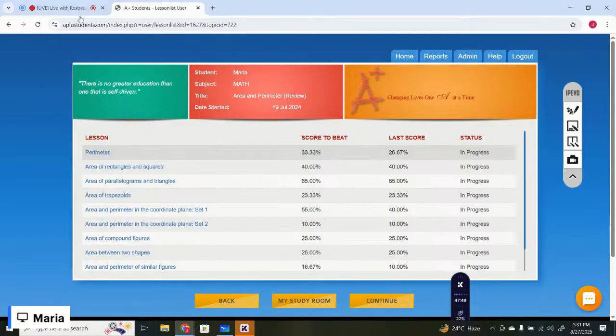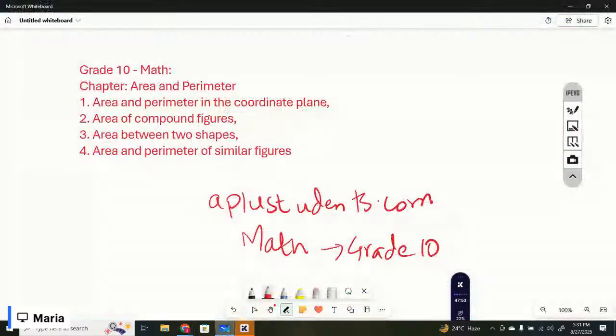The next lesson is area and perimeter of similar figures.